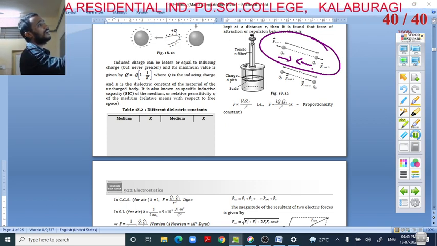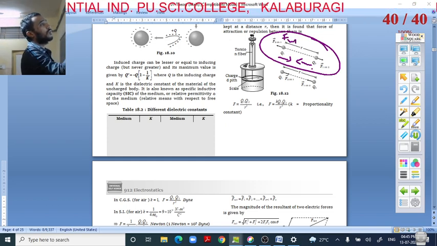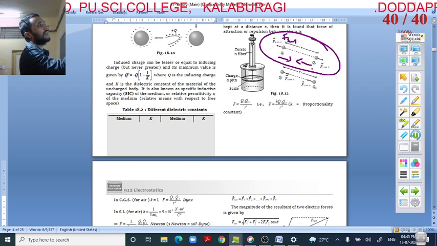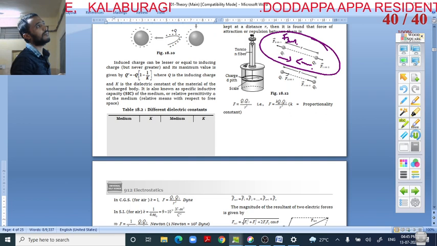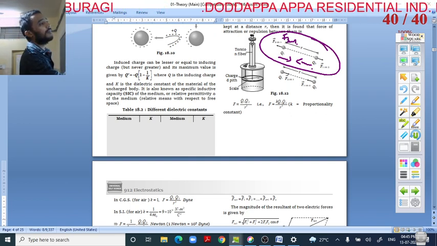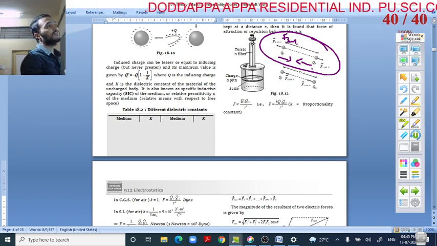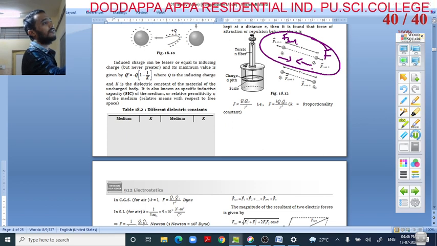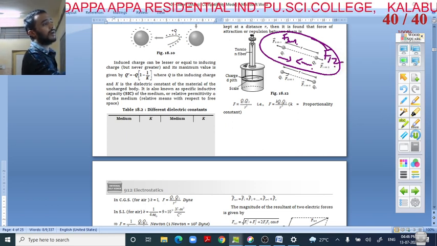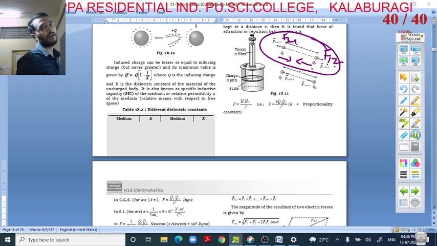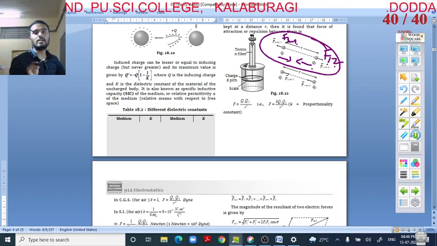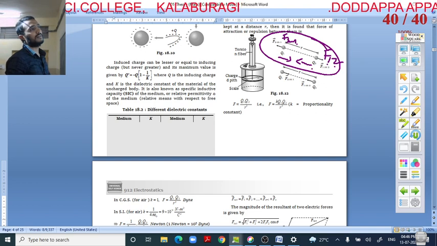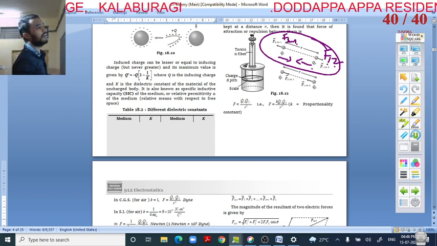So here F21 means the first particle is exerting a force on the second particle. Next, the second particle also exerts a force on the first particle, that is F12. The second particle is exerting a force on the first particle. So F12 and F21 are the internal forces, right?